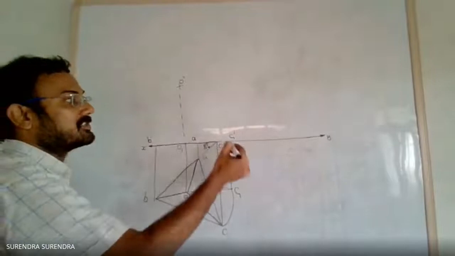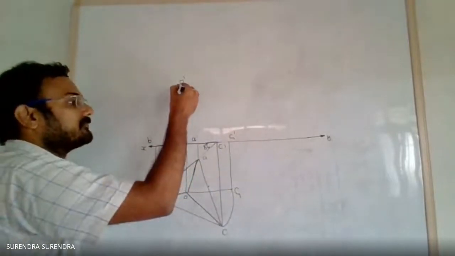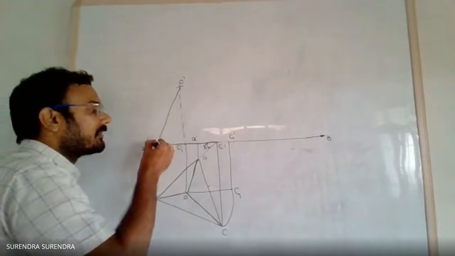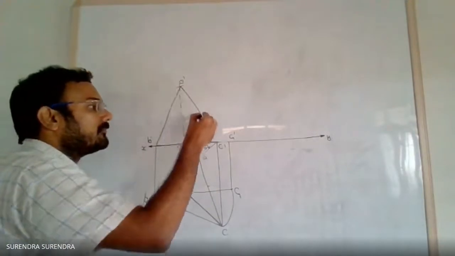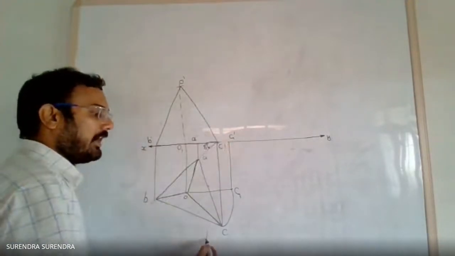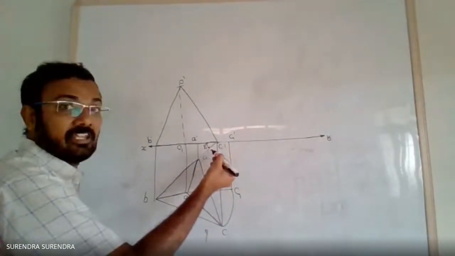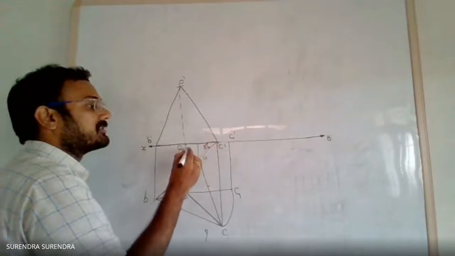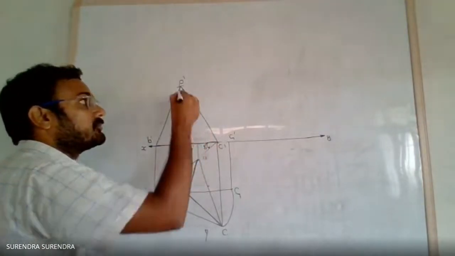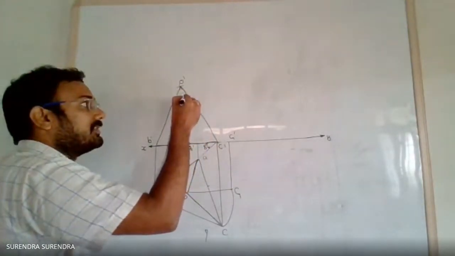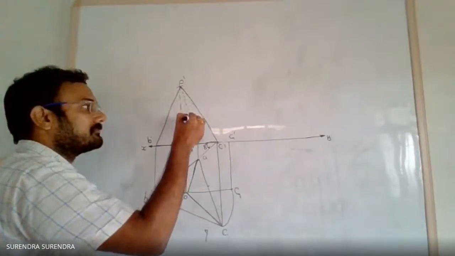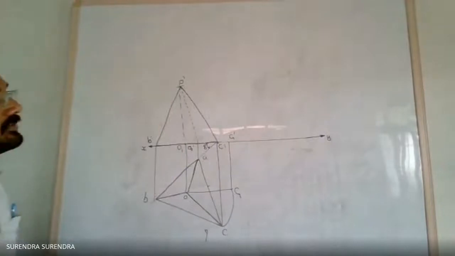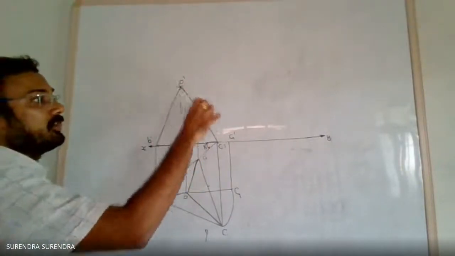So forget about this line. Only join BO, CO. Point A is nearer to the XY line, on the opposite side to the viewing direction, so join AO with the dashed line.